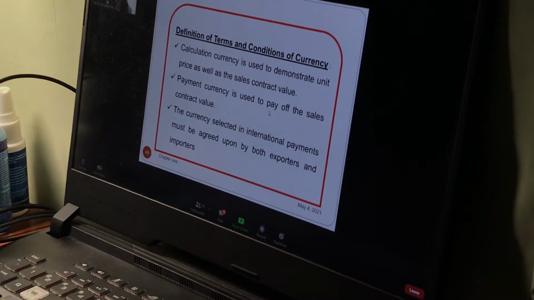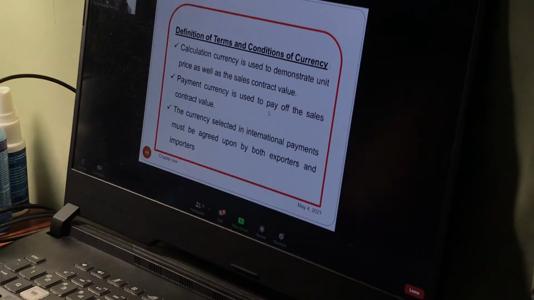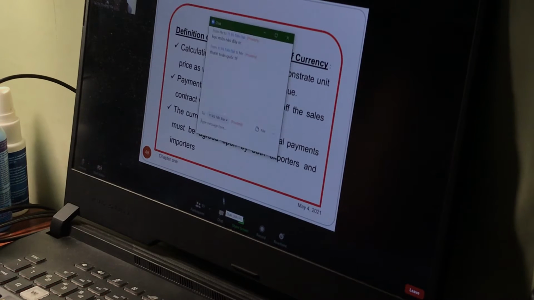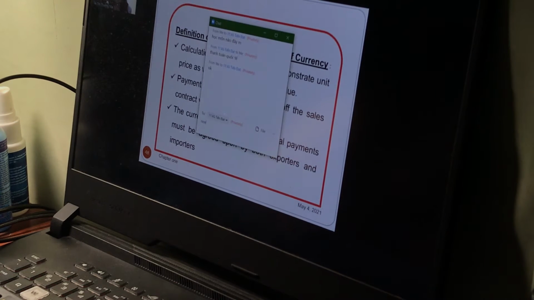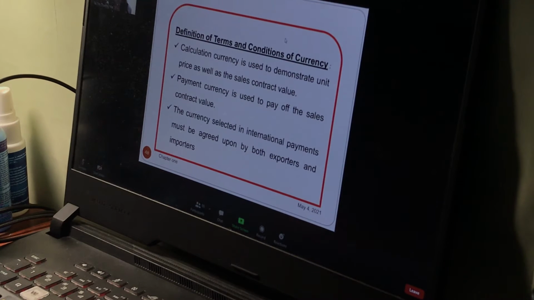And another question: Mr. Tang said that we can use only one currency to be a calculation currency as well as a payment currency. But we also use two different currencies. So now the question is, if you use only one currency, is it good or not good for you?